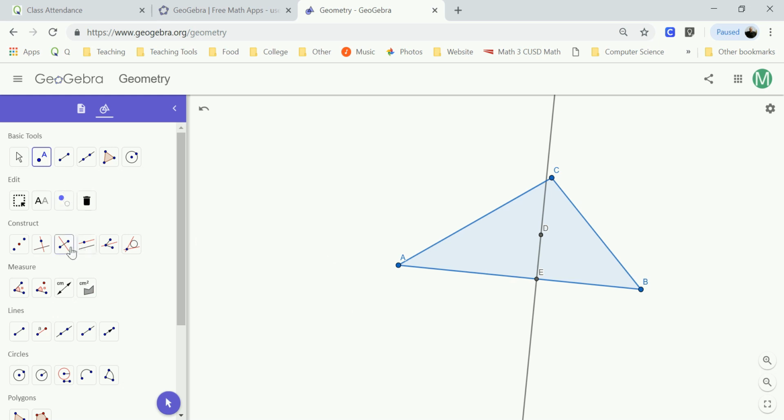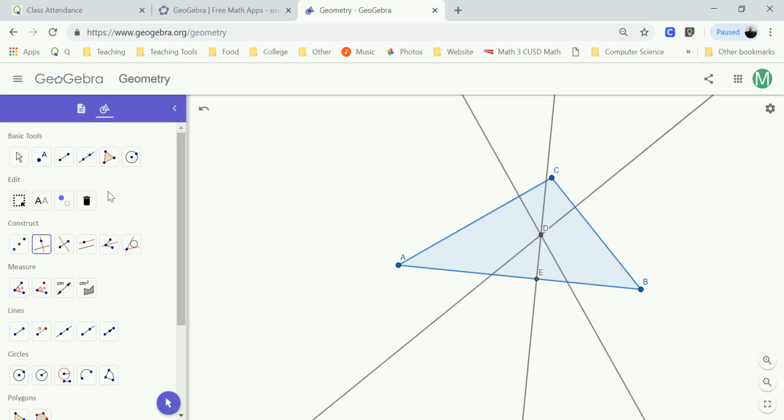Well, what if we look at the distance from that to another side of the triangle? So let's say I go from D to this side. Or if I go from D to this side, and I'm going to find those points of intersection. And now we don't need those lines anymore, so I'm going to hide the lines.